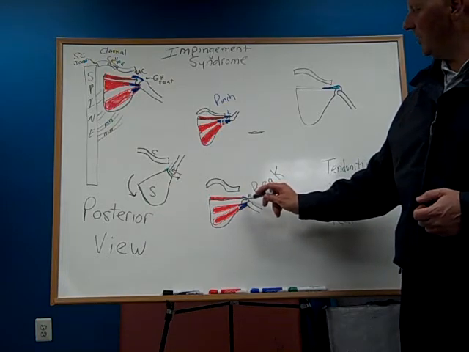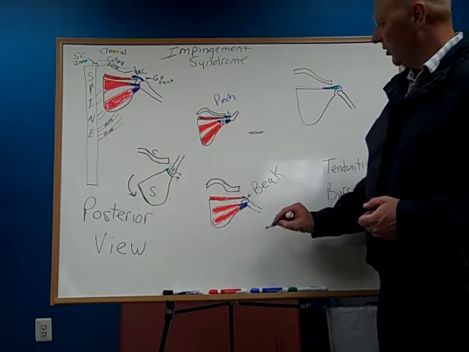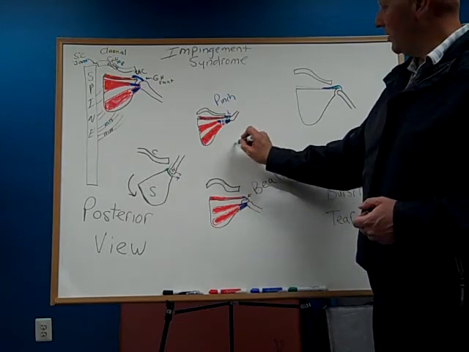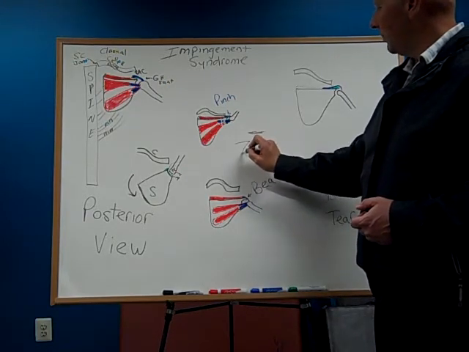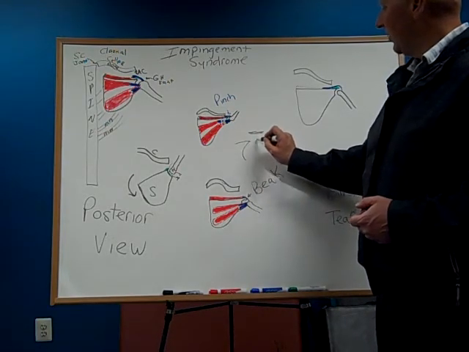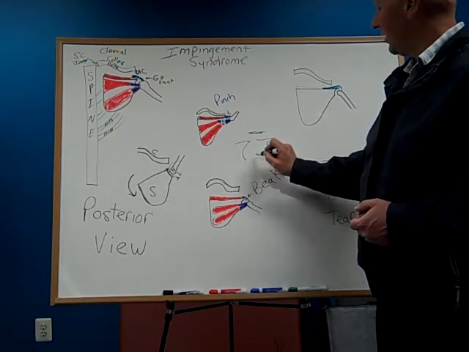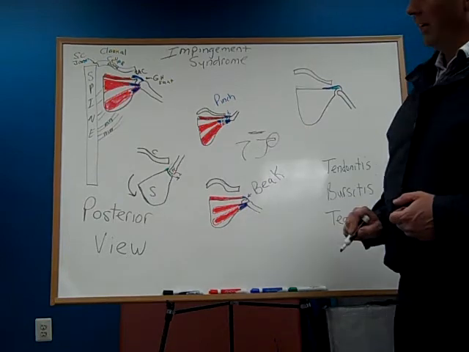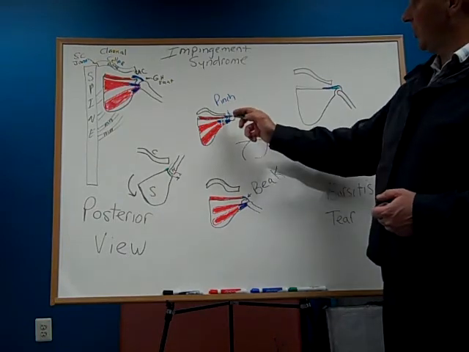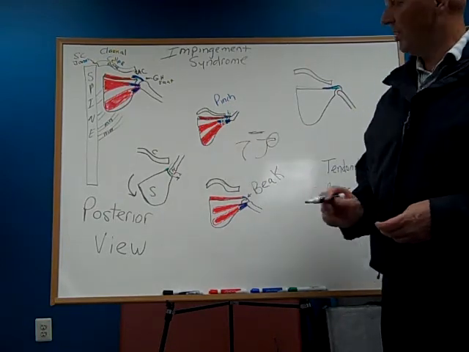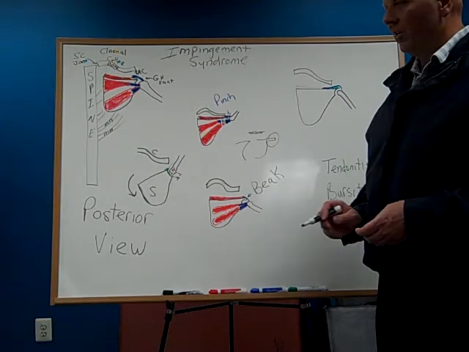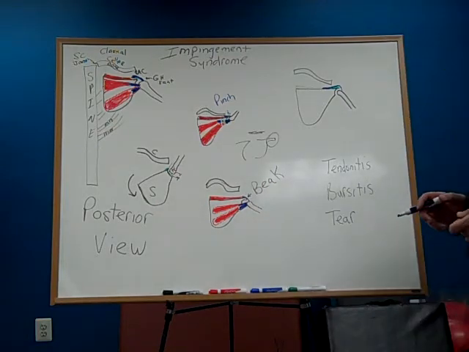You'll actually start to see a little bit of a growth. So if your normal acromion process looks something like this, with time and arthritic changes it could start to look like this. And that's going to be a source of pinching on the tendon as well.